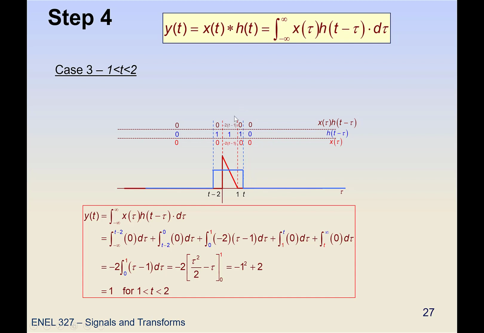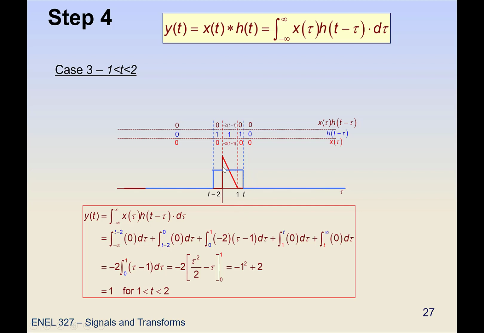I'm going to multiply upwards, and this time the functional form looks like that, but now the limits of that zone are different. So they are going to go from 0 to 1. Because this is going to contribute nothing, and this is going to contribute nothing. So we're just going from 0 to 1. And that's indicated right there. We calculate it, we get a value of 1. And that's the region where that is happening.